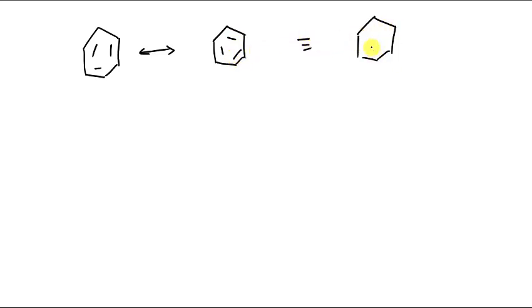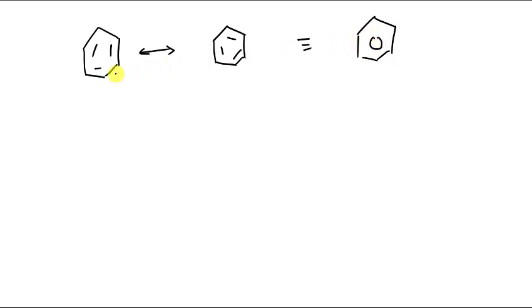So first let us talk about benzene. We all know that benzene is an aromatic compound, and it has two resonance hybrid structures. These two resonating structures and the resonance hybrid can be represented like this.